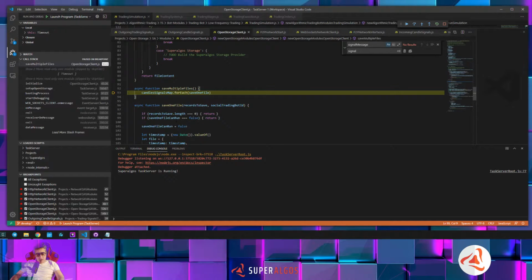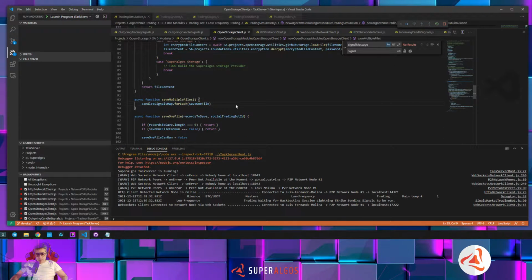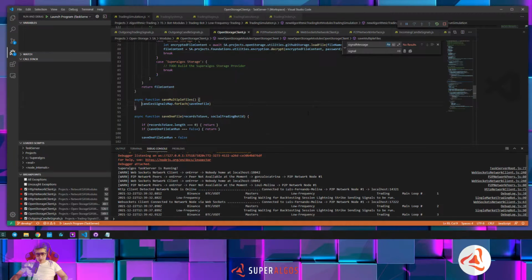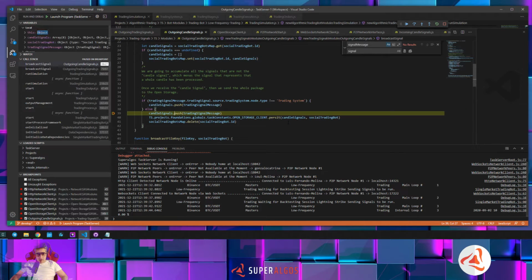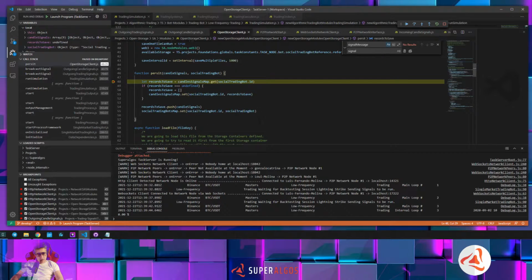Okay, they start trying to save, but there's nothing to save. So we let it run. And now we're going to run the bot. Okay, so we got one candle. Persist.